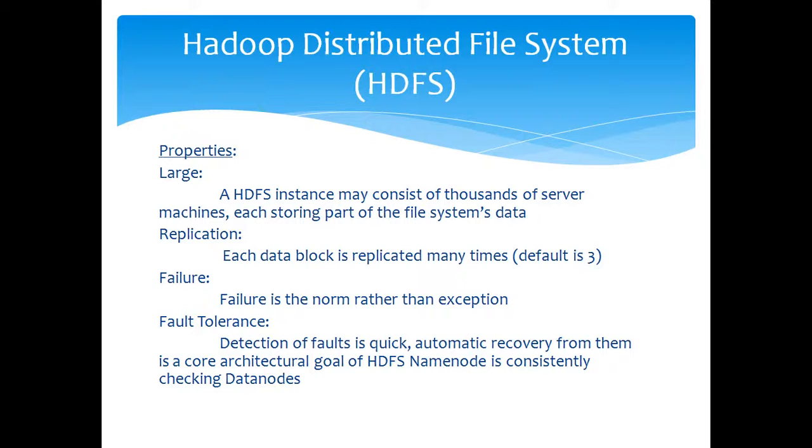So what Hadoop does is make copies of the data and place them in different machines, so that if one system crashes, the data is still available from other machines. That is the main advantage. Each data block is replicated many times. The default number is 3, so Hadoop takes three copies.